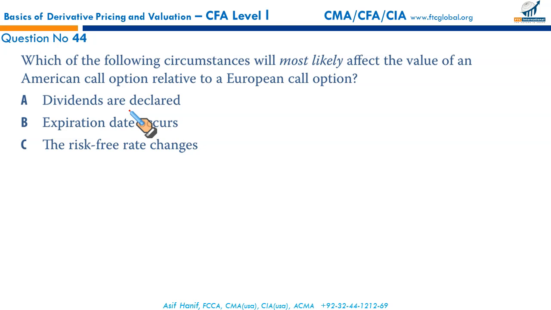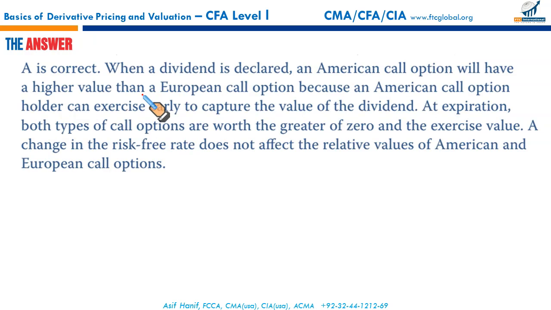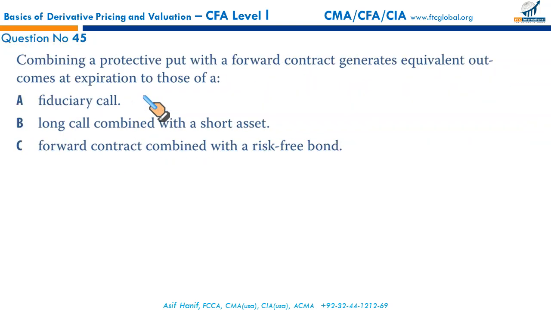Because after the dividend, an American call option holder can simply exercise it early to capture the value of the dividend, but no such possibility in European call option, because European call option can only be exercised at expiration date. Whereas expiration date occurs, they affect both American and European option in the same way. Risk-free rate changes affects them in the same way. This is what differs between these two. A is the correct option.